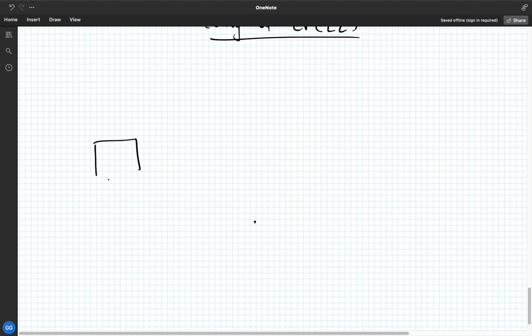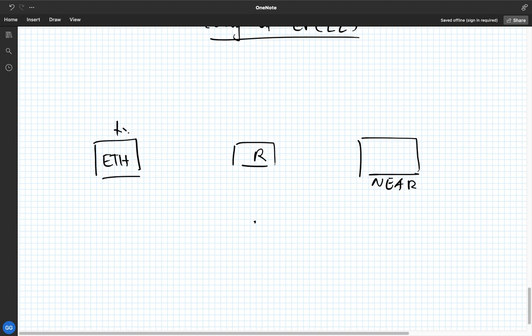So we have Ethereum as the sending chain, and we have Near as the receiving chain, and we have the relay in the middle. Now, in a typical bridge, any transactions that happen on each side, the relay reads them, and then the relay makes a transaction to the other side inside the smart contract on Near.